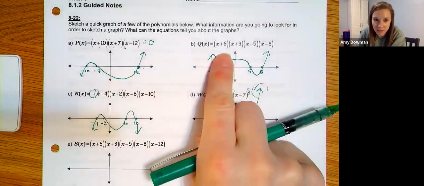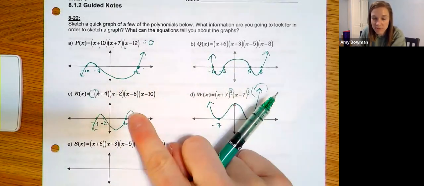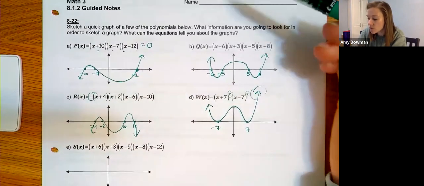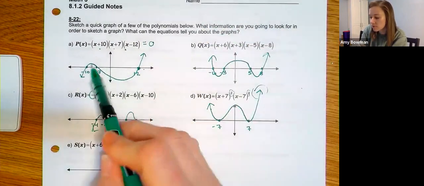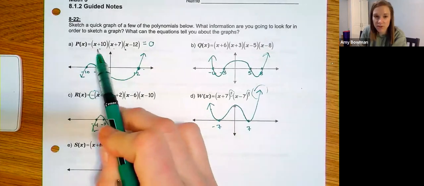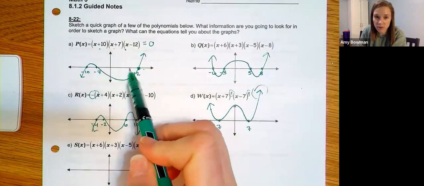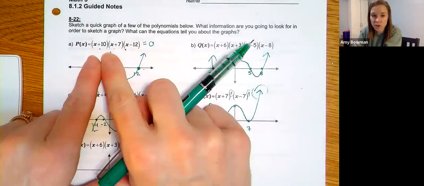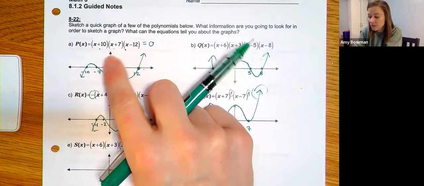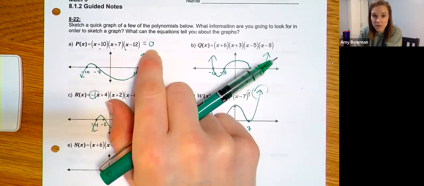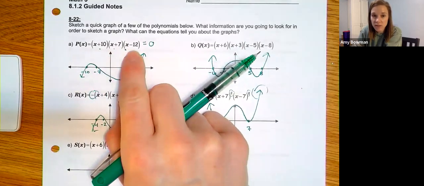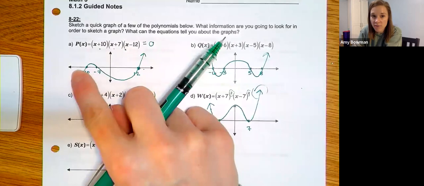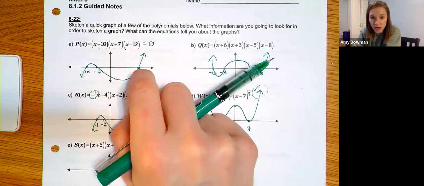So last class, we started this section by graphing just these four graphs. So we had figured out by now that if it's in factored form like this, we can figure out the x-intercepts of a polynomial pretty quickly. So if these are my three factors, just like we usually do when we're solving something that's factored, when we set it equal to 0, you just set each factor equal to 0, and then you know where that graph has a y value of 0.